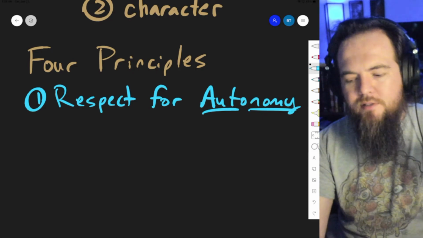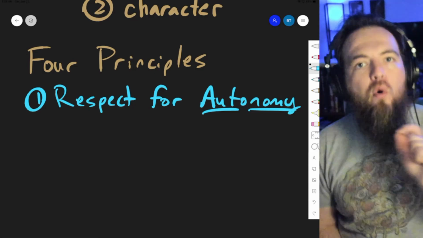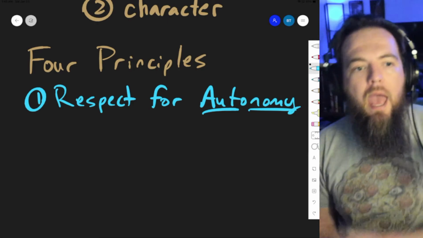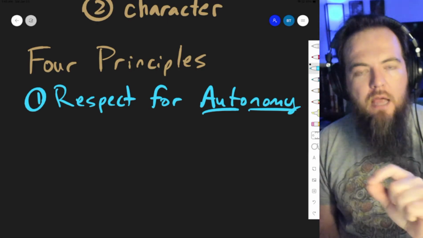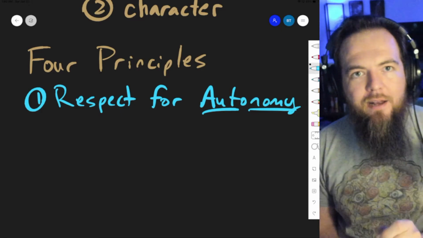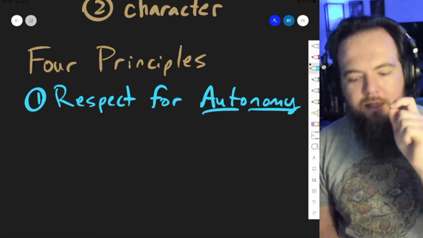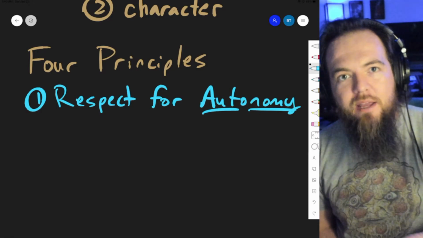What autonomy is, is your ability to decide things for yourself and your ability to live by the principles that you give yourself. Okay? And we think that it's really important that if you're a person and you can think through things, that we respect your ability to decide for yourself. Freely informed consent. It's tied to this principle right here.